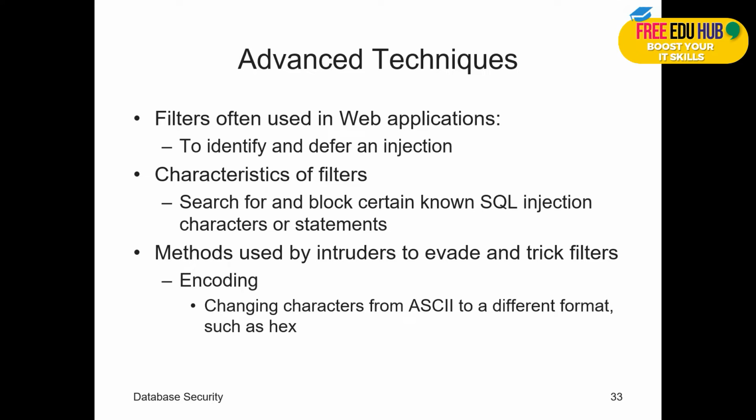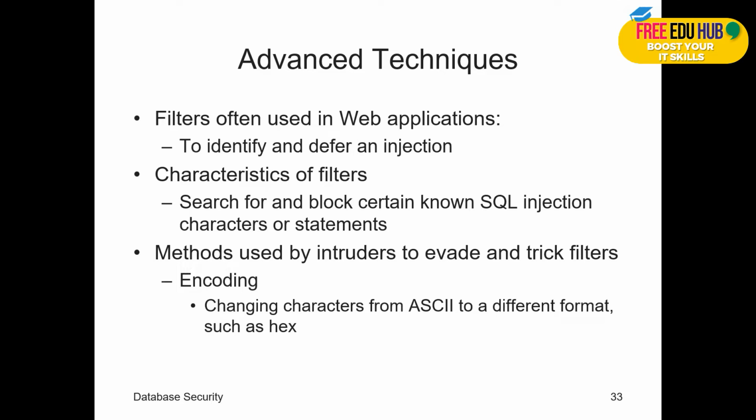Characteristics of filters is to search for and block certain SQL injection characters. Methods used by intruders to evade and trick filters include encoding, changing characters from ASCII to different formats, for example, hex. ASCII characters are normal English, plain readable text. If they change that, the browser will still interpret it and be able to read it if it's in hexadecimal.